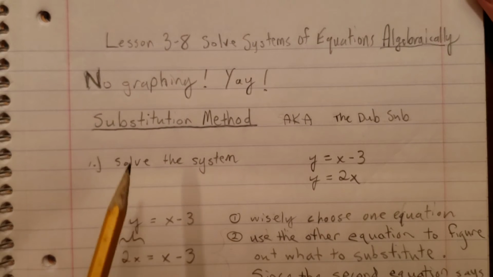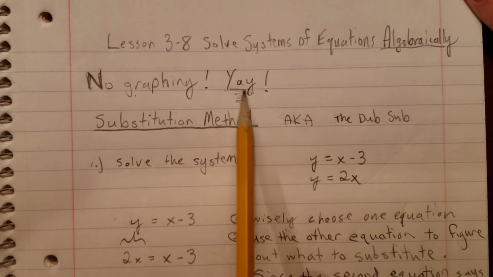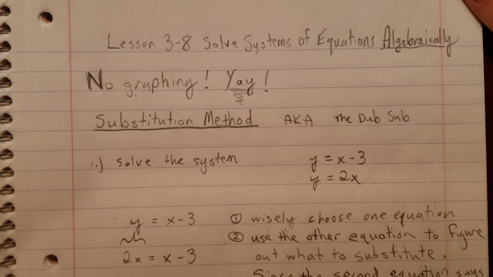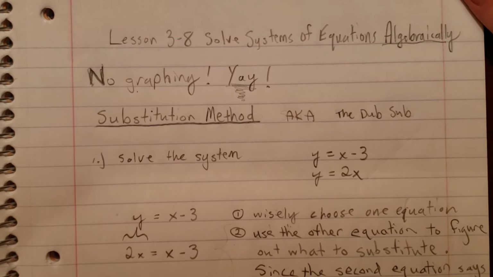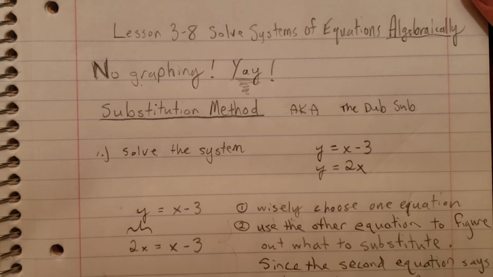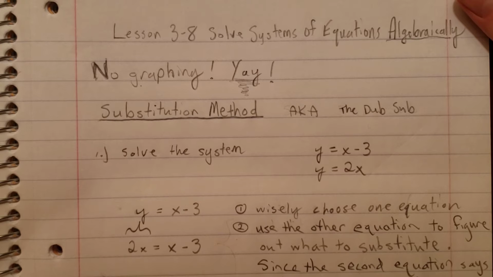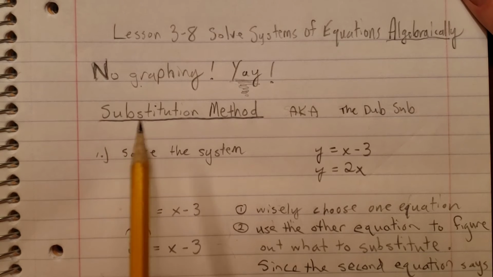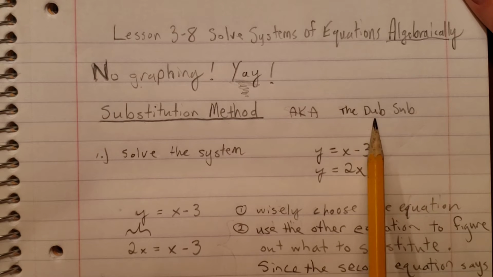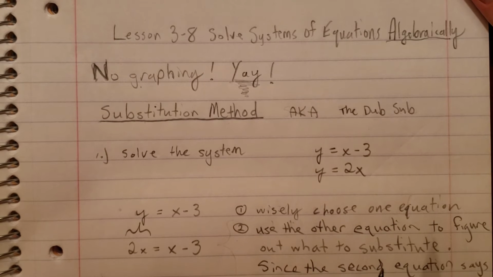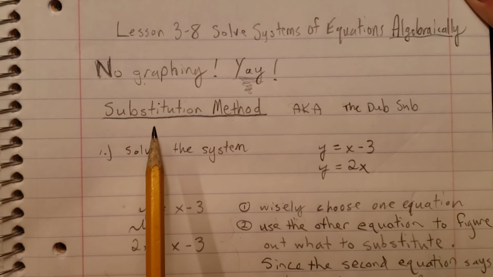Now, we got no graphing, which you might be saying yay to if you don't like graphing, but I think you might be a little disappointed because this is a lot of work actually, which some of you will find very intriguing and fun, I'm sure. We have the substitution method, aka the dub sub, double substitution, and you'll see what I mean. What is substitution again? Anybody know?